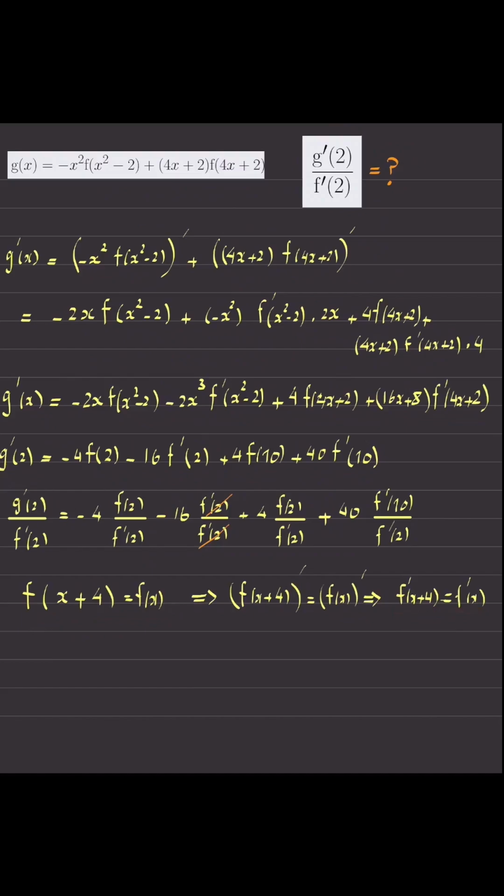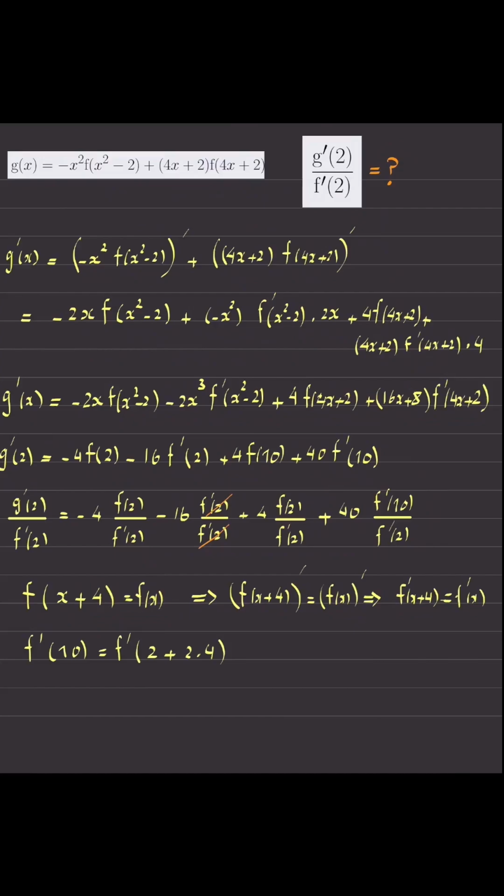So let us see what we need. First of all, I need to compare f prime of 10 and f prime of 2. My claim is that they are equal. Why? Because f prime of 10 can be written as f prime of 2 plus 2 times 4. So what is happening?